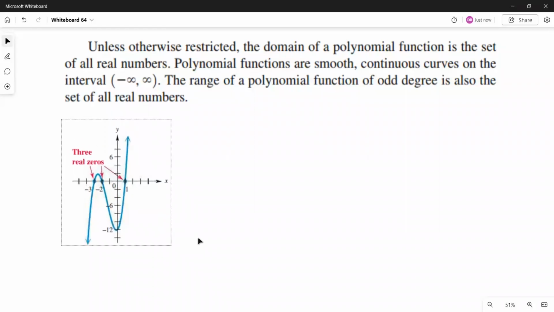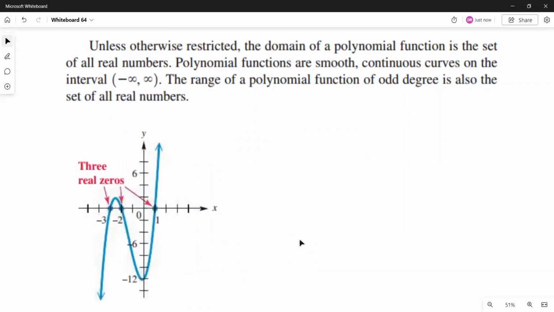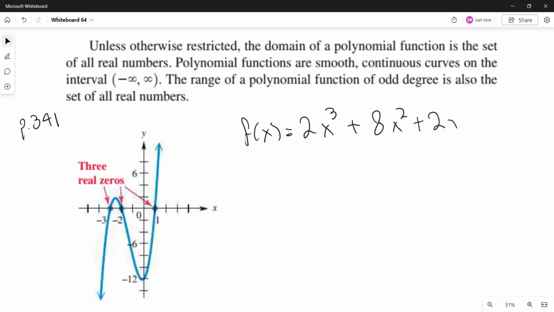Okay, first graph. All these are on page 341. The formula for this polynomial is f of x equal to 2x cubed plus 8x squared plus 2x minus 12.